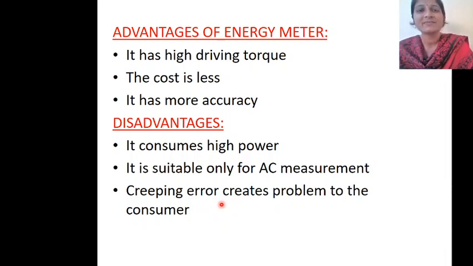So what is this creeping error? Creeping error means even though the pressure coil is energized and there is no load, even though you have not switched on any fan or light or any other appliances in your house, the aluminum disc in the energy meter will be rotating.